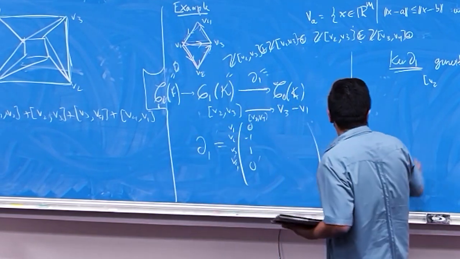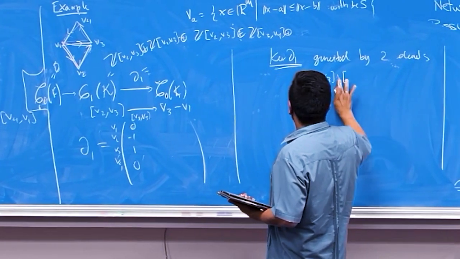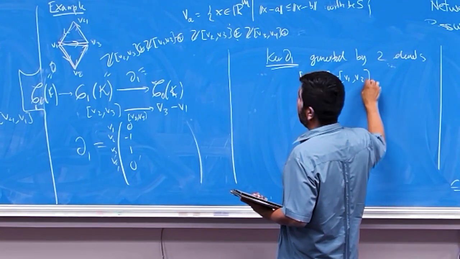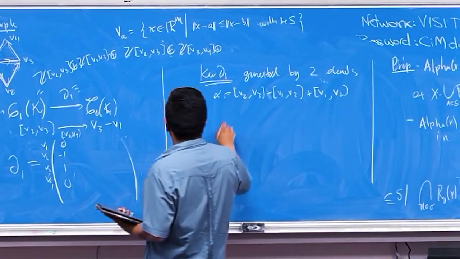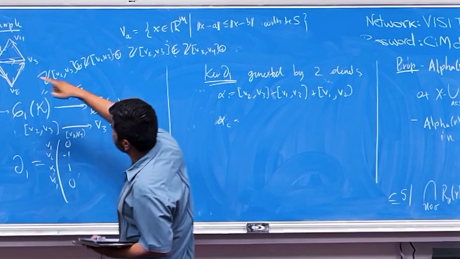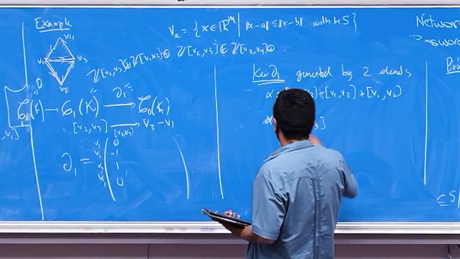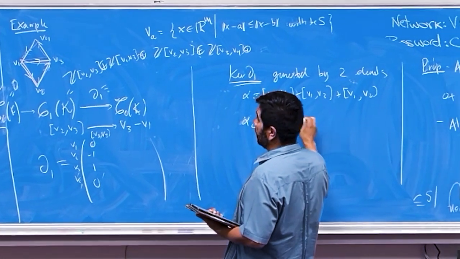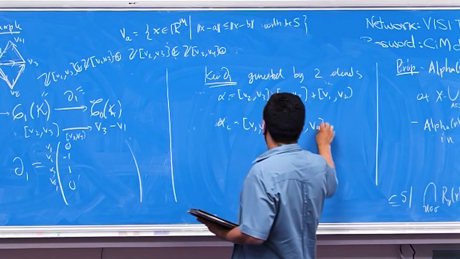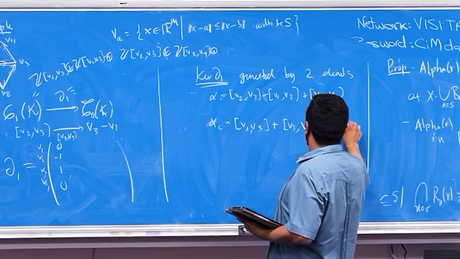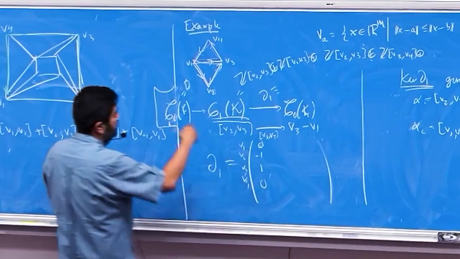So there are only two cycles here, v2v3 plus or minus v1v3 plus v1v2, and the other one is the other cycle over there. This is probably an exercise to show that these are in fact generators of the kernel. So these two elements generate the kernel.